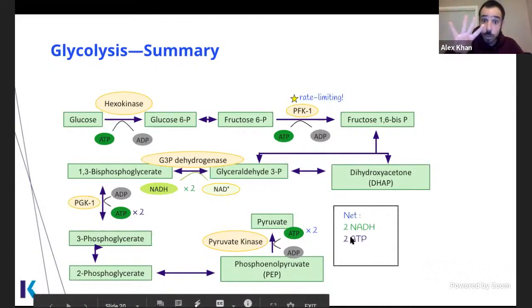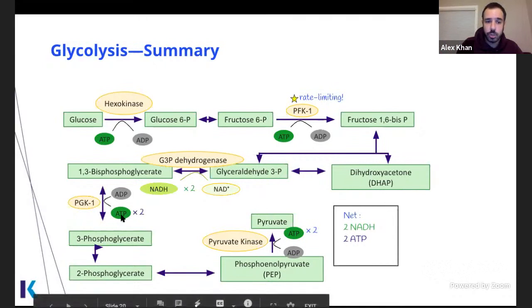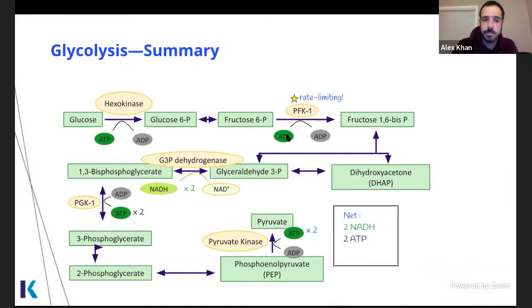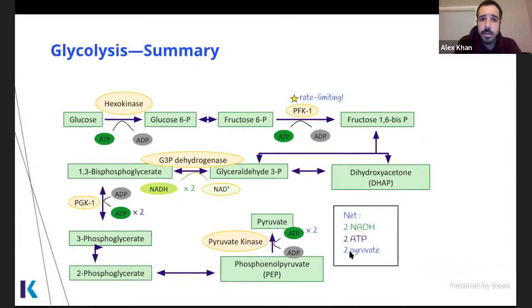We produce 4 ATPs, but we had to use 2 at the start. So we produce 2 here, 2 here, 1 from each 3-carbon molecule. So 4 in total are produced, but we needed 1 at the top for each of these steps. So we have a net 2 ATP produced, and we end up with 2 pyruvate molecules, which will be used further down our path.